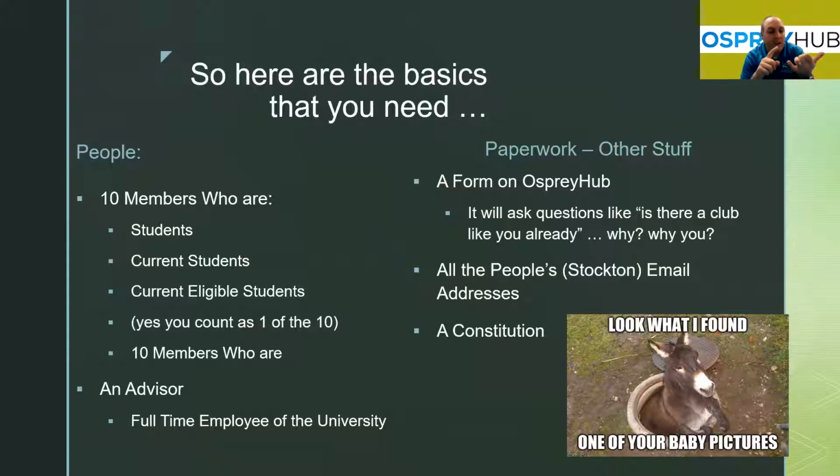Eligibility means that you are a student, you are currently enrolled at the university, you are not currently under any kind of judicial or other process that would limit you from being a member of a club, and you need to have above a 2.0 GPA, okay? For officers, we're going to need above a 2.3, but for general members, we're going to need a 2.0, okay? So we need 10 of these people, all right? By the way, you count. So if you are the president, it's you and 9 friends, all right?